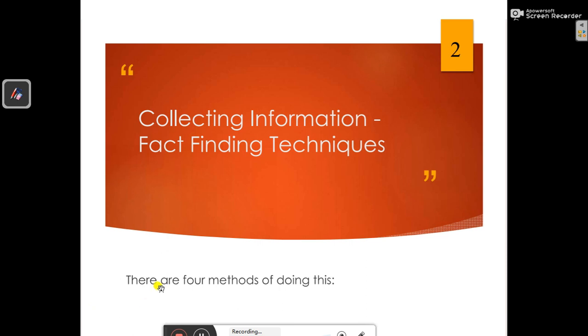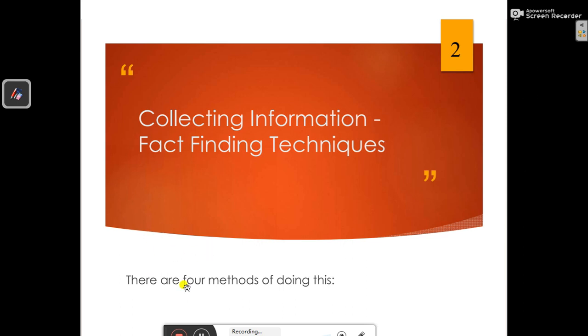Basically, in many texts or contexts you can find four different methods, but there might also be some other texts or books that give two or a few more. In general, you can find four methods in most cases, but there might be two or three more fact finding techniques available in different documents.